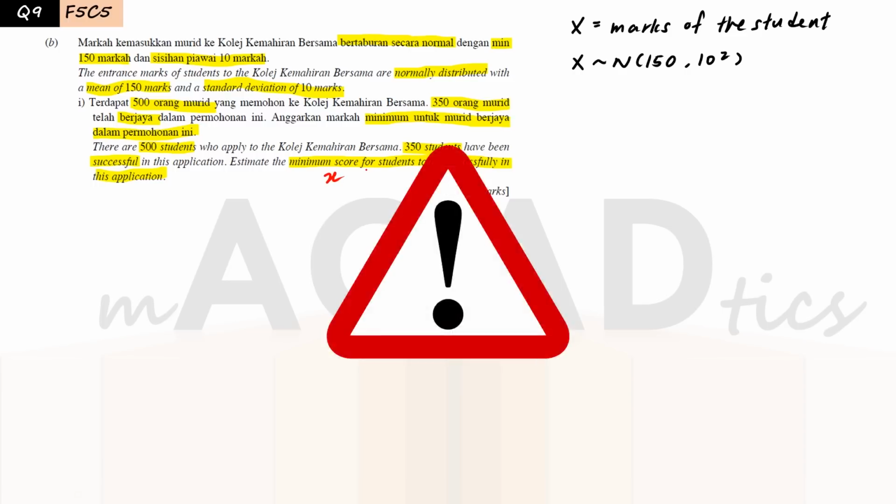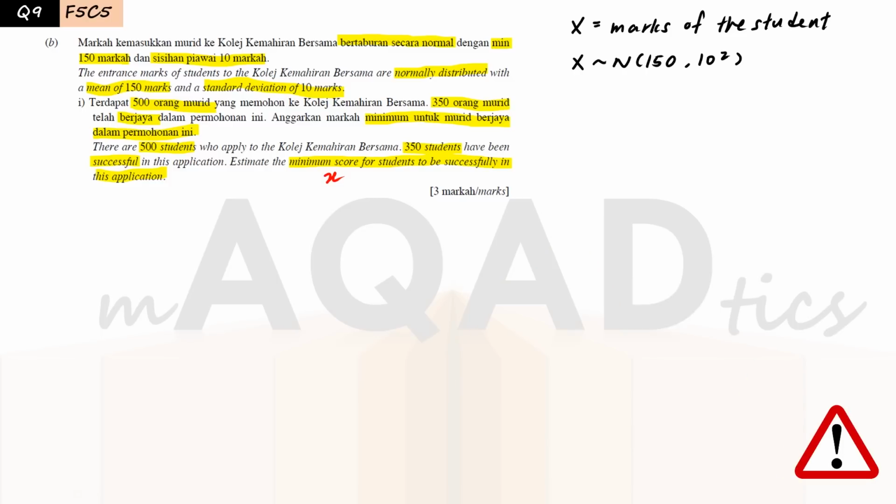To solve any kind of normal distribution question, we are going to use the 5S method to help us. The first S is to write out our probability statement. For this statement, we need to figure it out by ourselves because it's not given here directly.